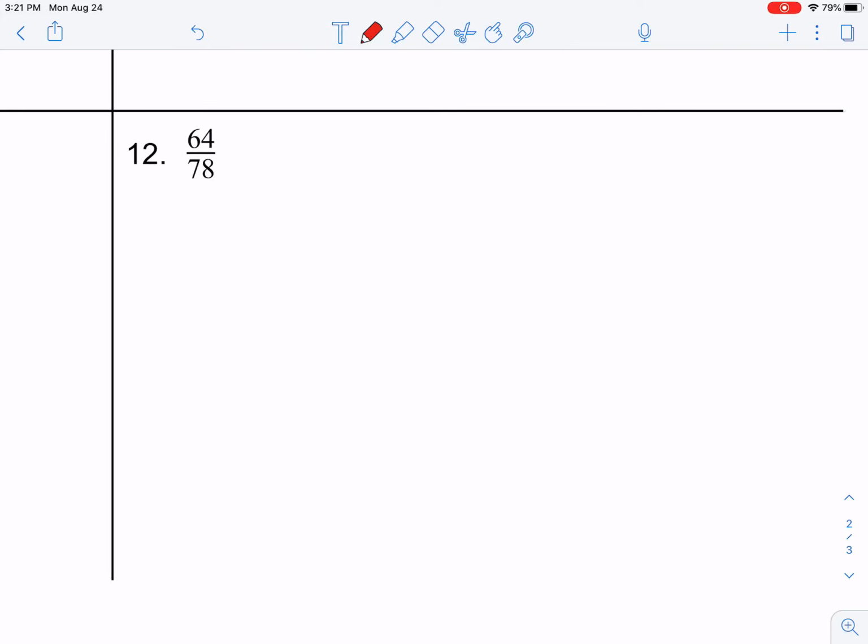Number 12, we have 64 and 78. So these are a little bit larger, but we can do this. 2, 4, 8. Let's see, 10 can't work, 11 can't work, 12 can't work. We can take half of it, and it's 32. That means 16 can be 1, and then 64. And then 78, it would be 2 because it's an even number.